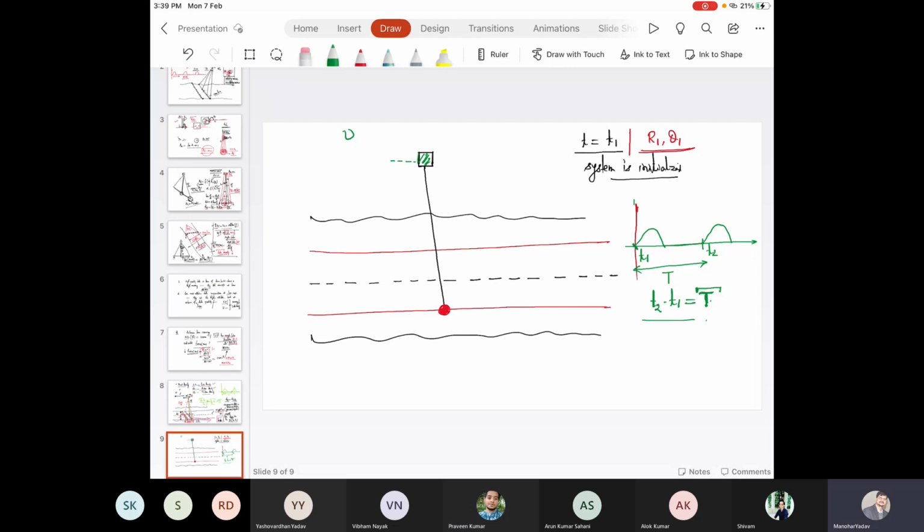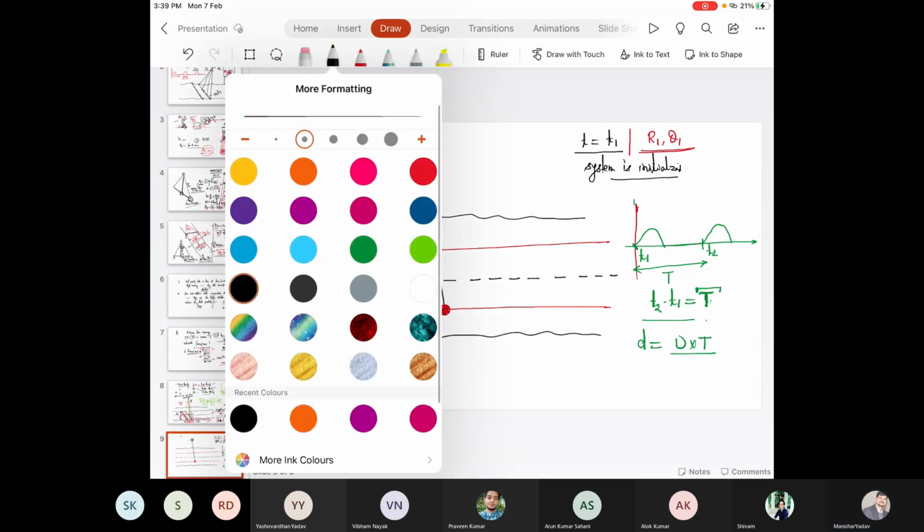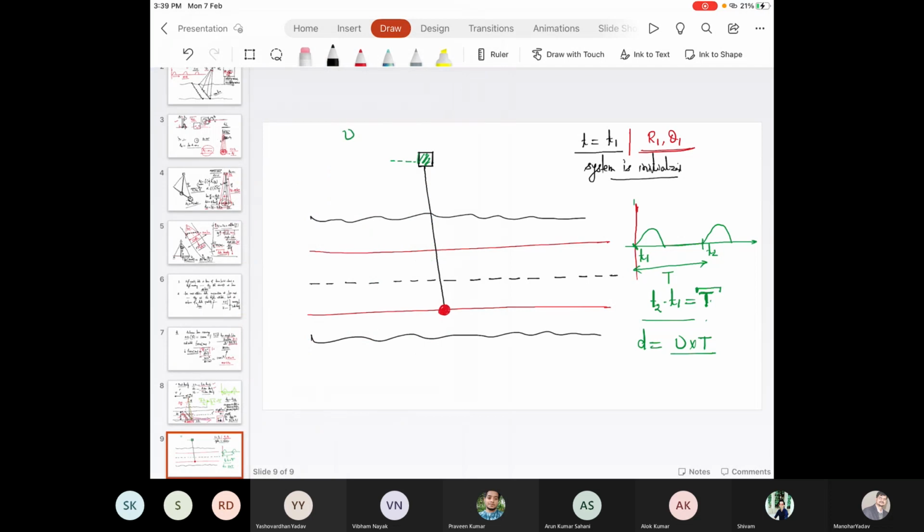So in time t, how much distance can be covered? It is equal to v into t. So distance d is equal to v into t, speed into time is equal to distance. You have studied this, right? Yes, sir.